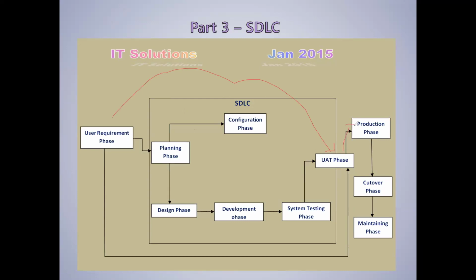And in production, you as a user will be able to access it. So let's say in the initial 6 months when Facebook was in the requirement phase and all of these phases, you and I did not have access to Facebook. Once Facebook went to production right here, then only we were able to access it.